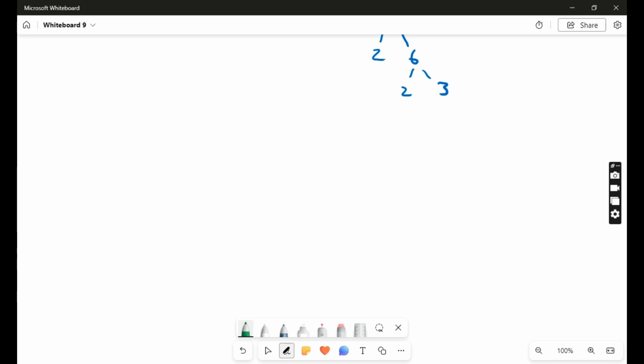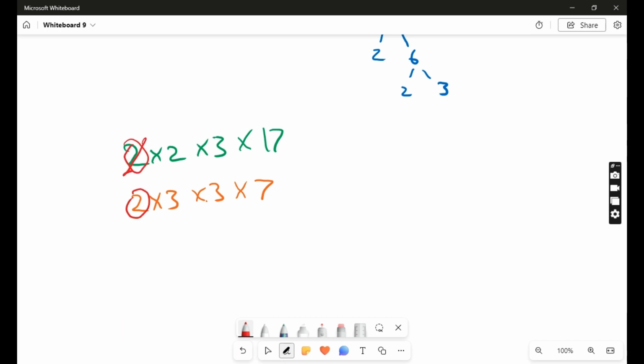So if I was to have a number with prime factors 2 times 2 times 3 times 17, and I had another number with prime factors 2 times 3 times 3 times 7. As you can see, there's a pair of 2s, so I cancel out 1.